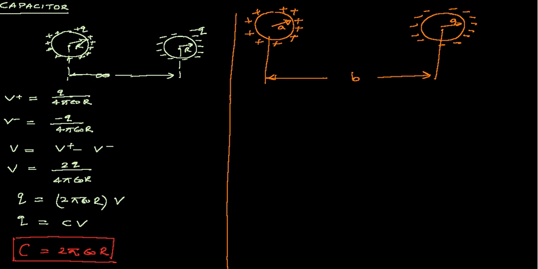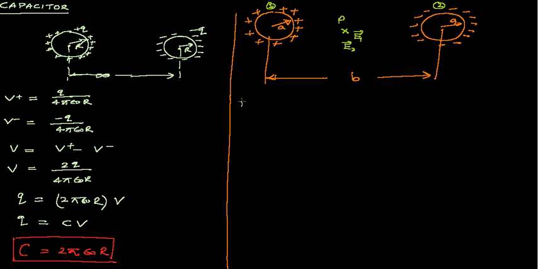Electric field at the point P due to sphere 1 and due to sphere 2. So at P due to sphere 1 is E1, and at P due to sphere 2 will be E2.